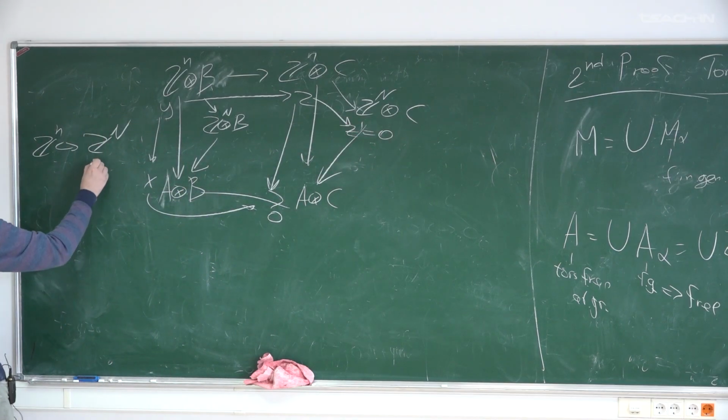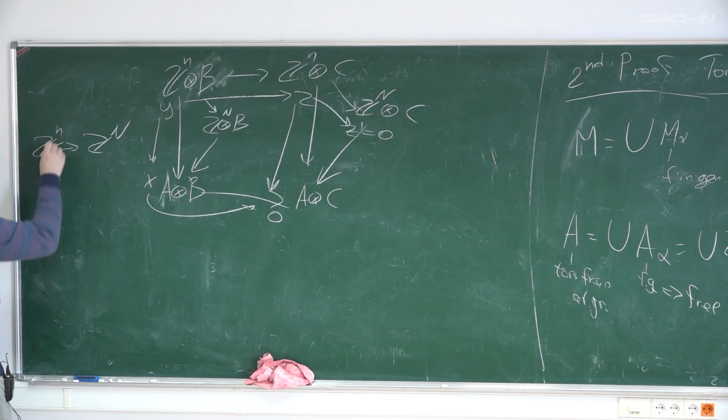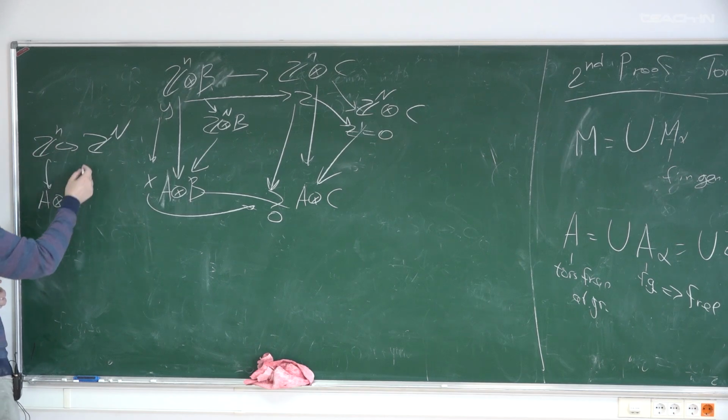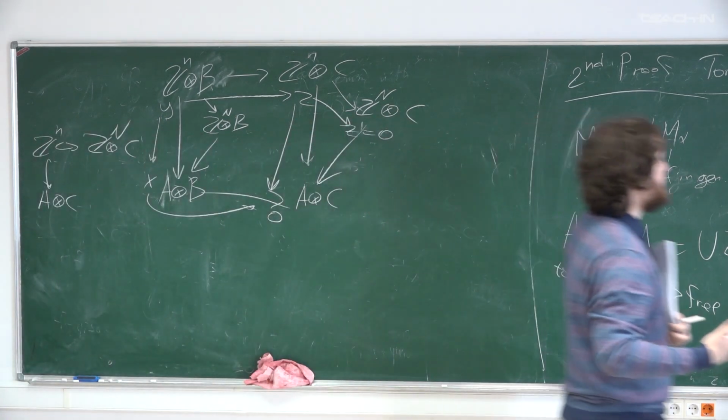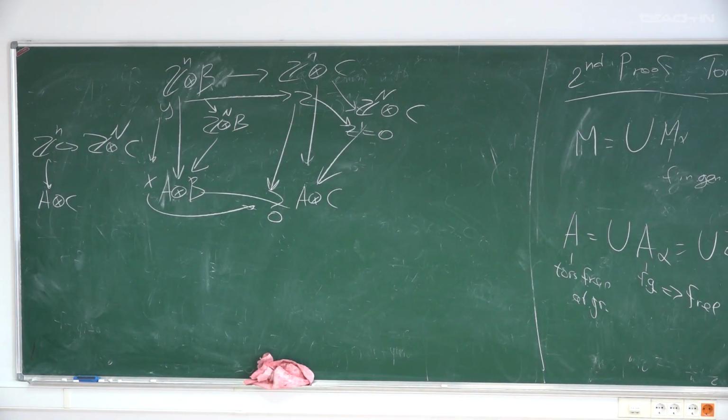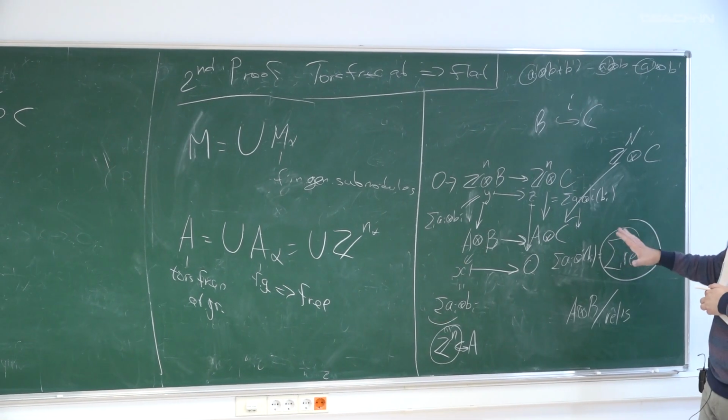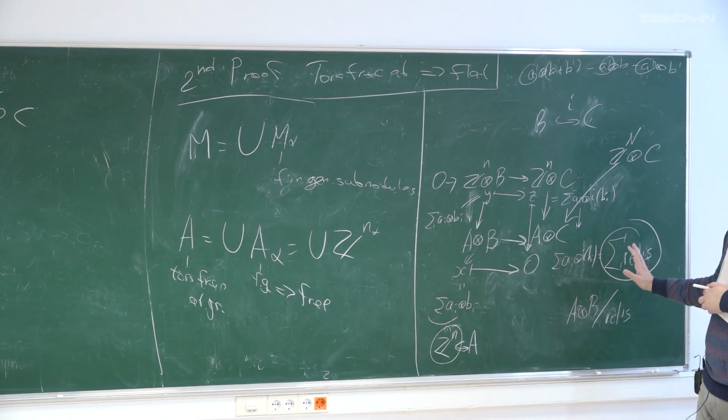Now, I have inclusions to A, and after tensor with C, z goes to 0 in this tensor product. But I know that in fact it goes to 0 already in this smaller tensor product. That's my claim. All my relations already hold in this smaller tensor product. That's what I want. That's why I consider these relations. I know that this equality holds for free abelian groups. It's just a formal equality.